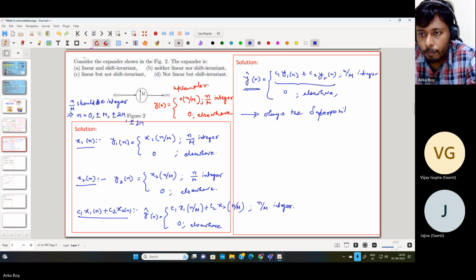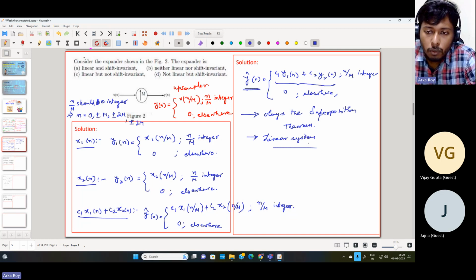As the system obeys the superposition theorem, we can say that the system is a linear system. So the first part is done. We have proved that the system is linear.